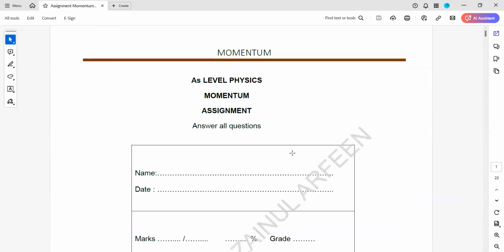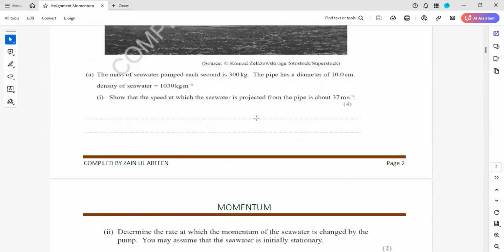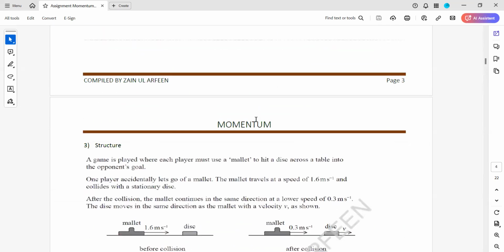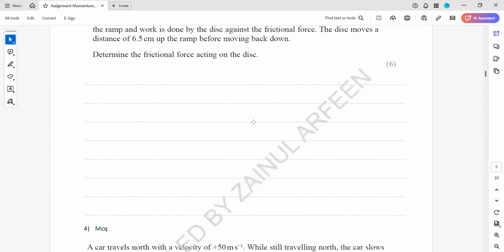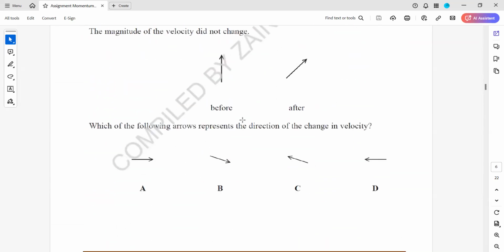So these are some questions related to the topic momentum. Why did you reverse the direction? I did not reverse the direction. The question was to calculate the change in the velocity, and the change in the velocity is final minus initial.